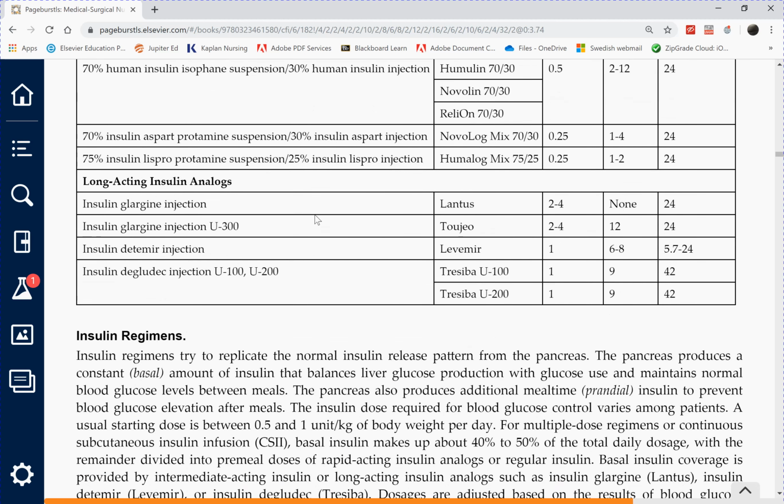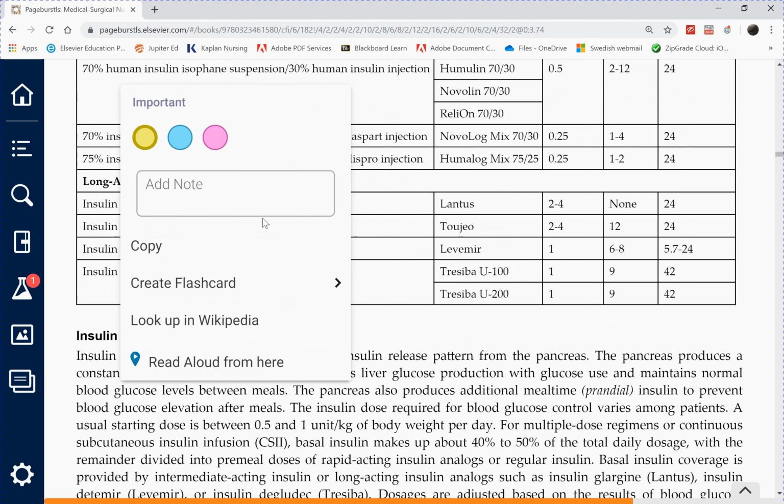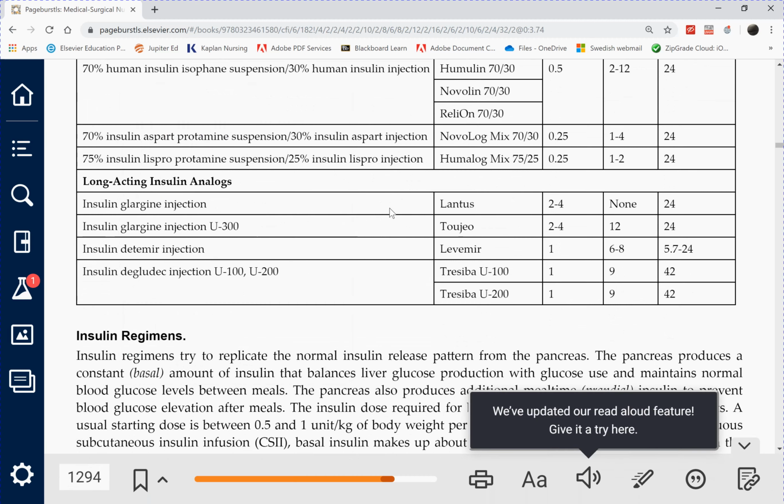Long-acting insulins. Now only Lantus, or insulin glargine, is the true insulin with no peak. The reason I mentioned that is some nurses think that all of these have no peak. That is not true. Only Lantus or glargine has no peak.